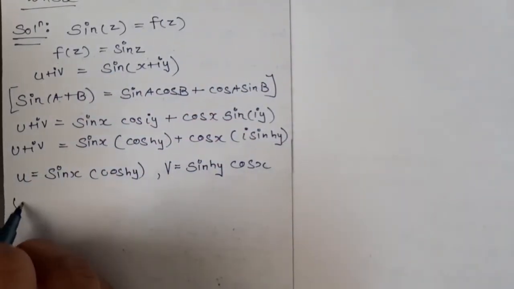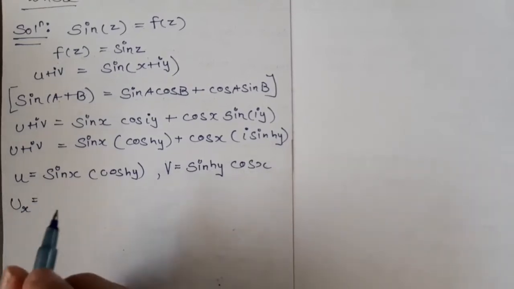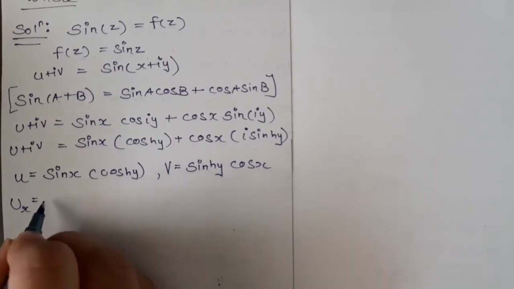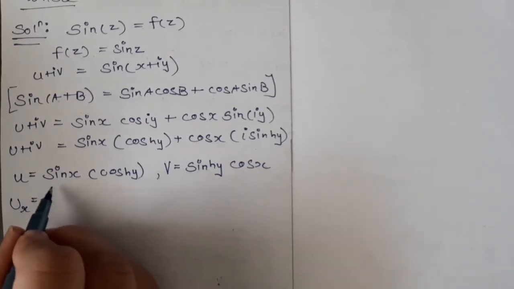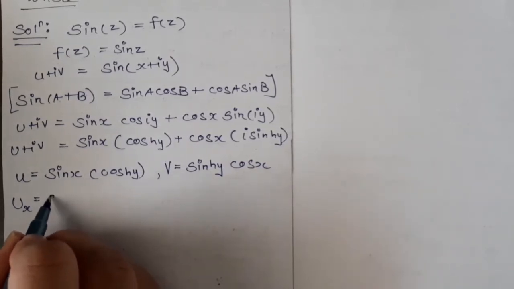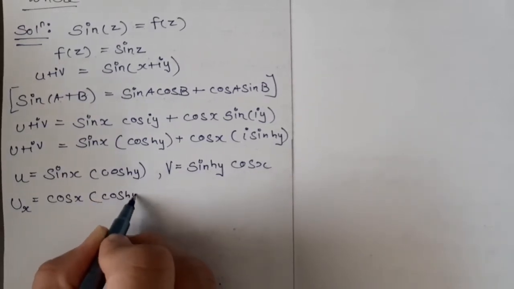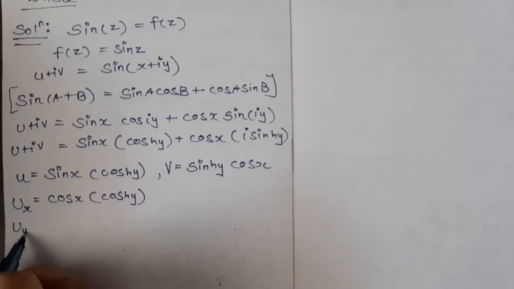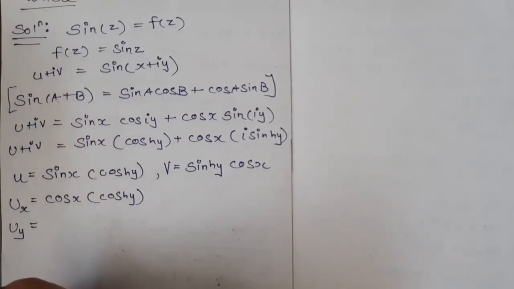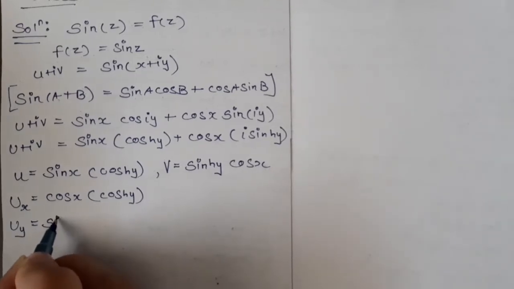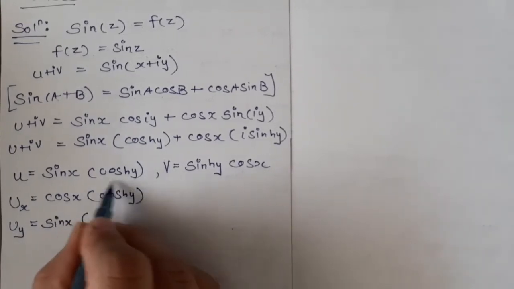That means ux is the partial differentiation of u with respect to x. So the differentiation of sin x with respect to x will be cos x, and cosh y as it is. And what is uy? uy is the partial derivative of u with respect to y. So it will be sin x as it is, and the derivative of cosh y.